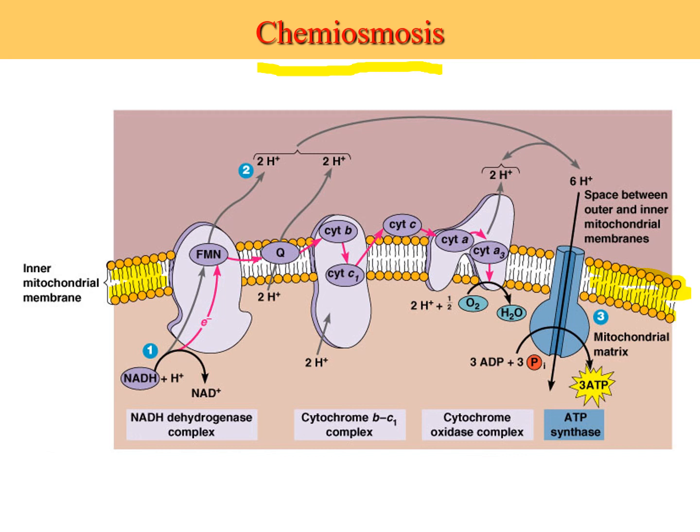In fact, we're looking at the inner membrane of a mitochondria. Remember, a mitochondria has an inner membrane and an outer membrane. Embedded in the mitochondrial inner membrane are a series of protein molecules that are able to transfer electrons from one to the next. So they are able to carry out an electron transport chain.